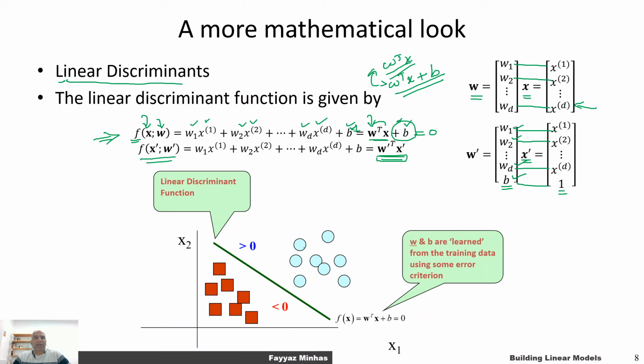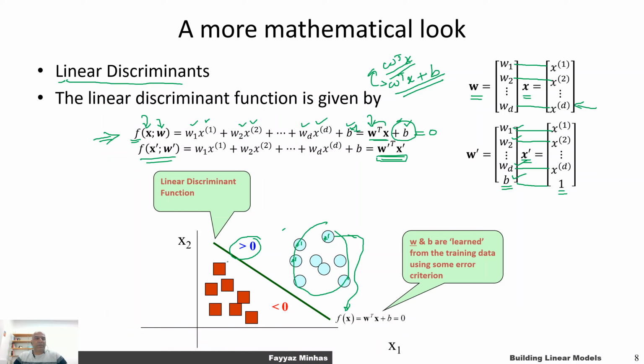So our goal is the following. We want a function so that for all examples in the training set that have a positive label, so if these are positive examples, these cyan circles, then we want a discriminant such that if you put the features of this particular example into this function, it produces a score greater than 0 for all of these positive examples.